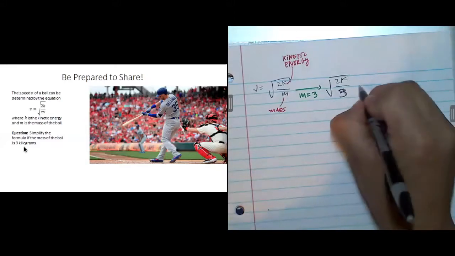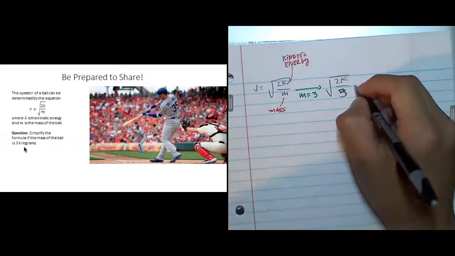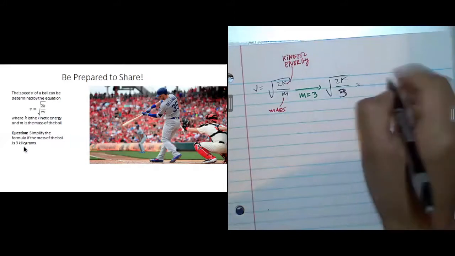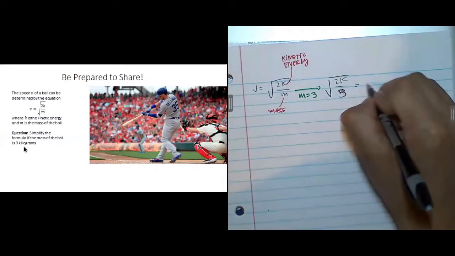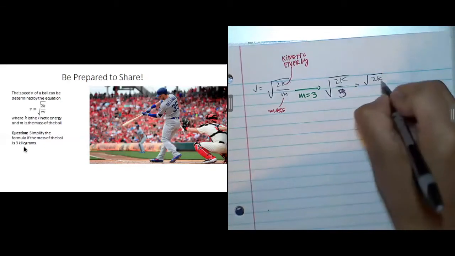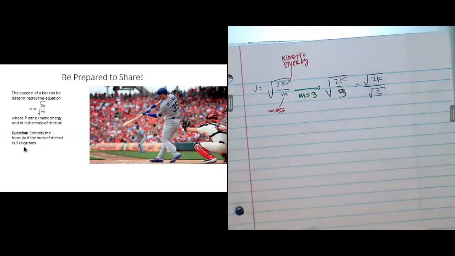Some people may suggest, if they remember their root properties, the square root of 2k over the square root of 3. Why did we do that?